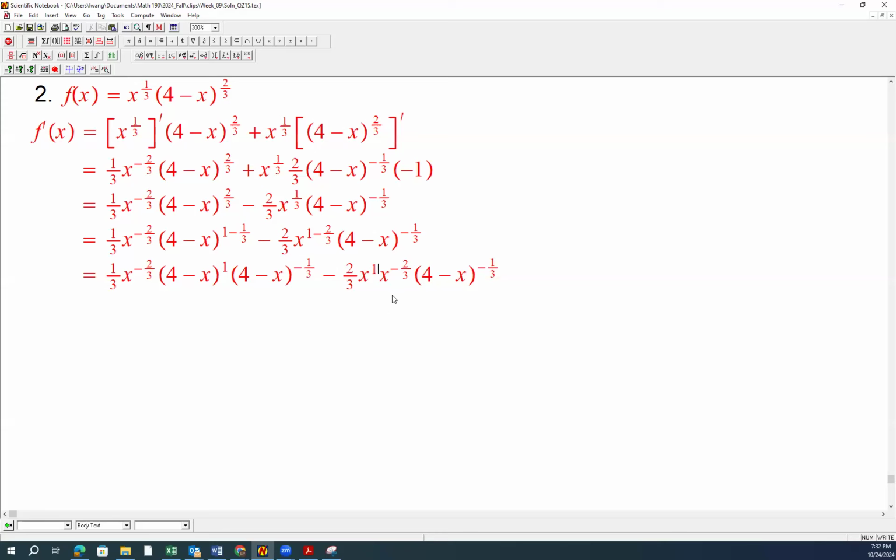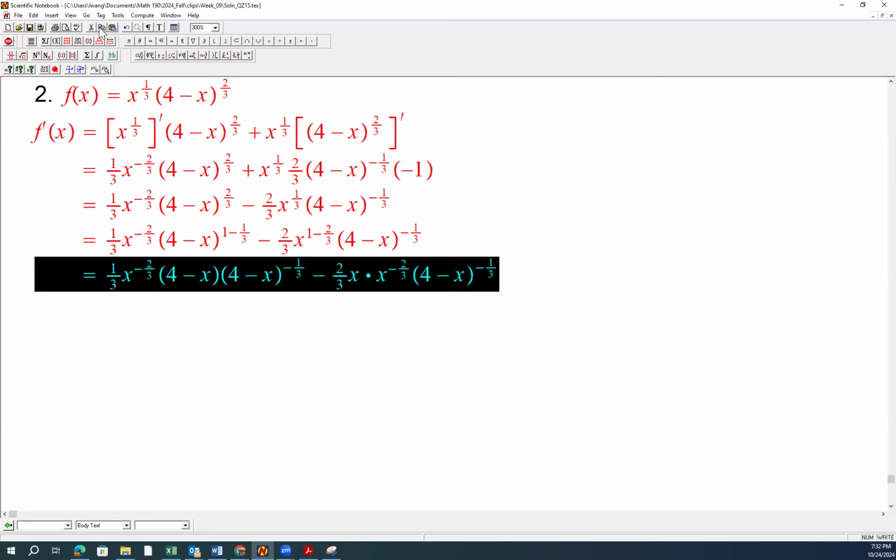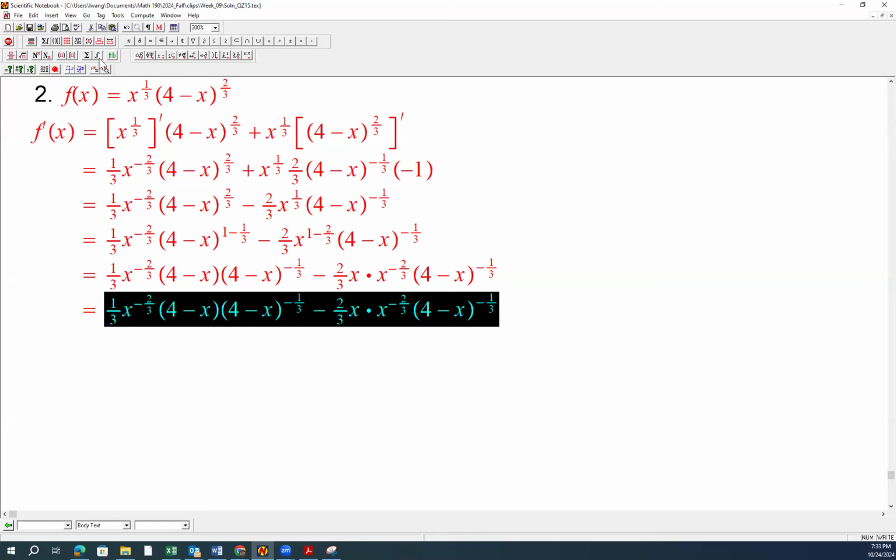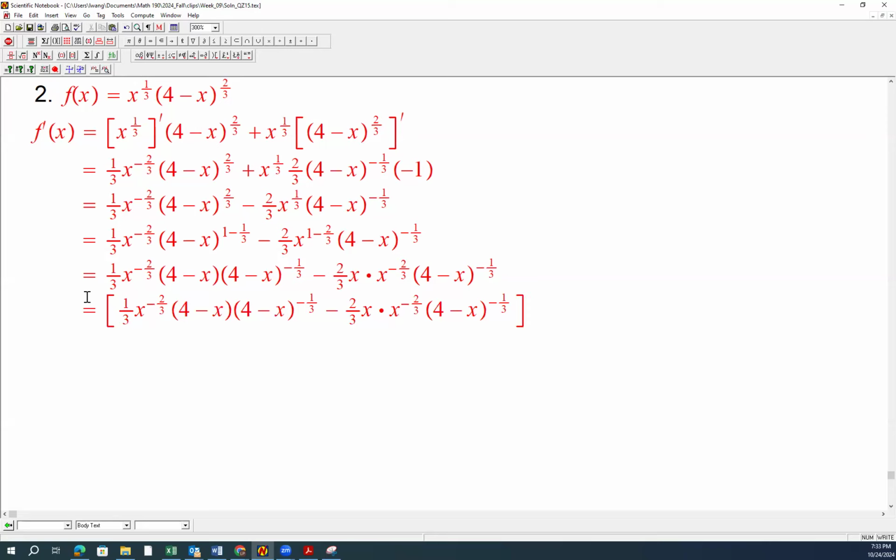Power 1, we can omit it, right? Product, and power 1, we can omit it. All right, and then you're going to factor out the part you want. Next we're going to factor out the part we want, and we also have a 1/3. We're going to factor. Okay, so we put everything in the bracket if you want.